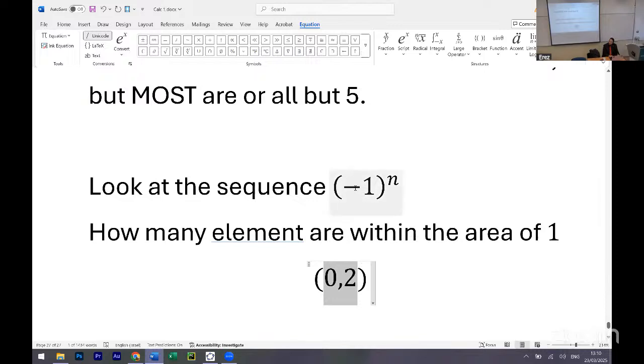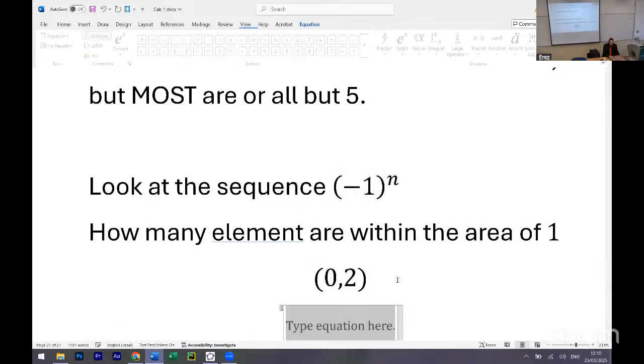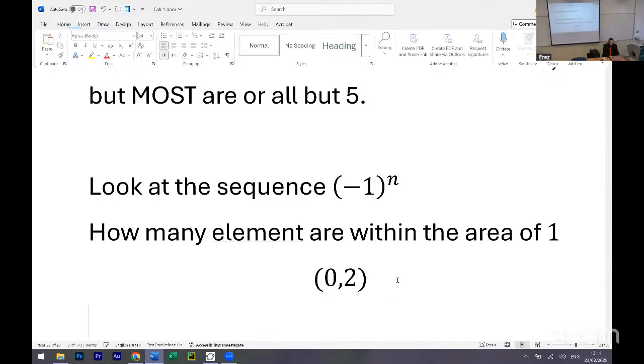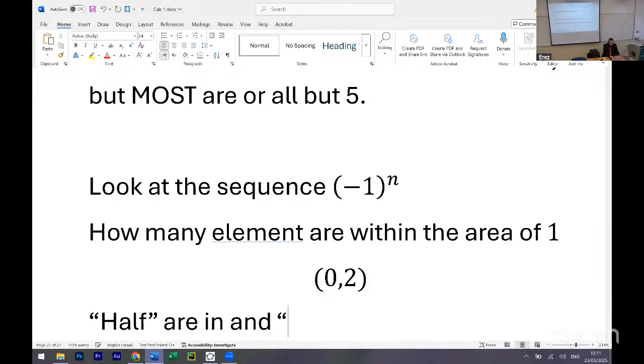Half. So half are in and half are out. It's not actually a half because it's an infinite number, right?